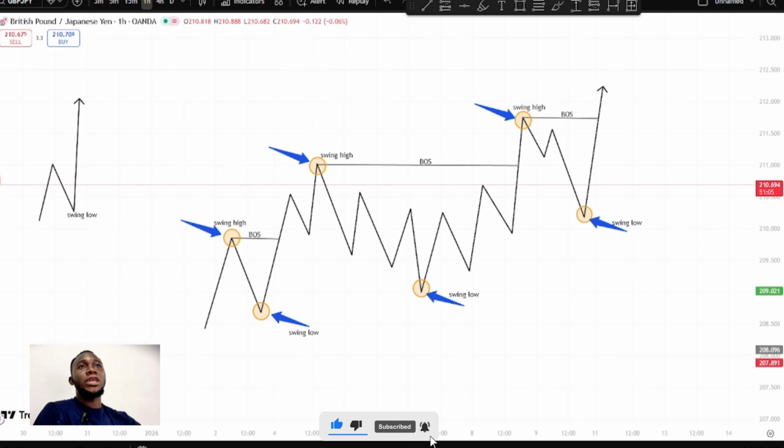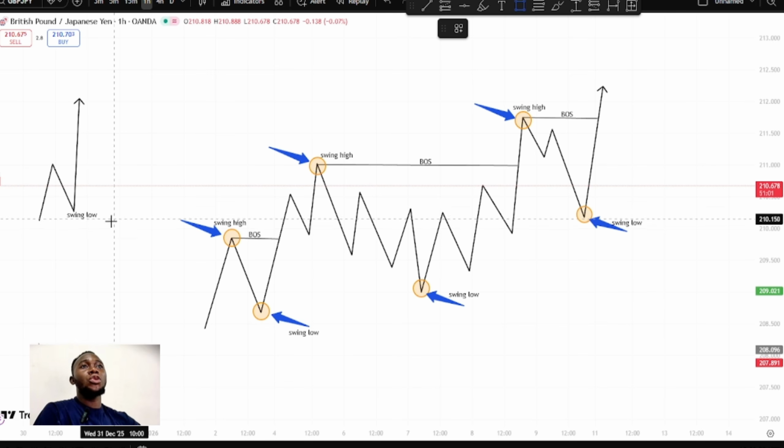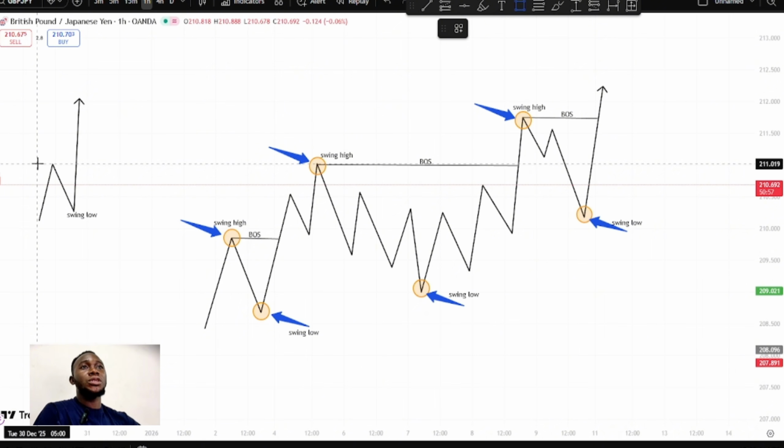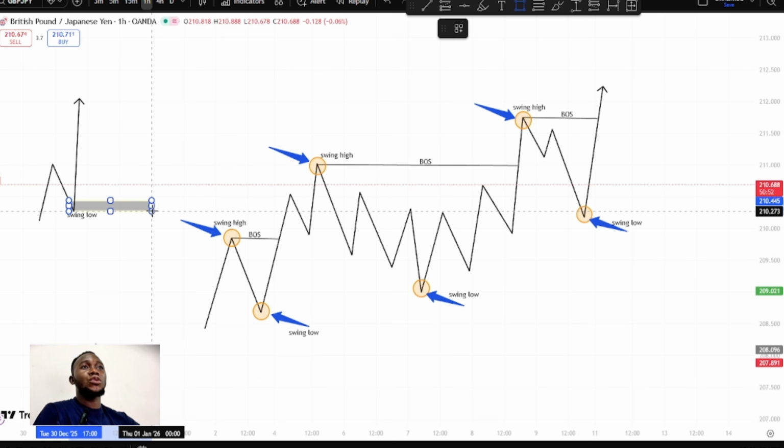For those of you who trade with SMC, this will normally be what we call your origin. After you have seen your break of structure at this point, you map out this origin that caused the break of structure.